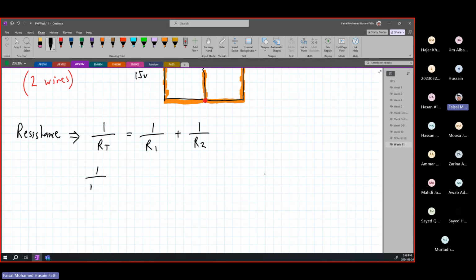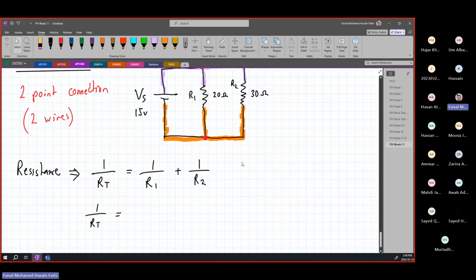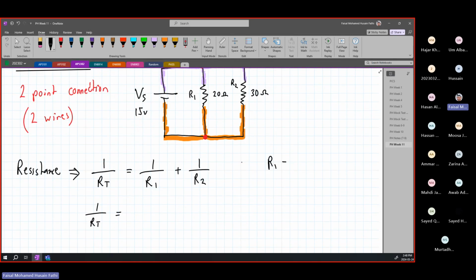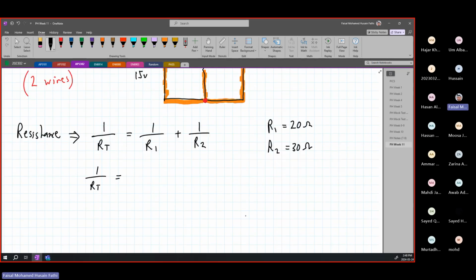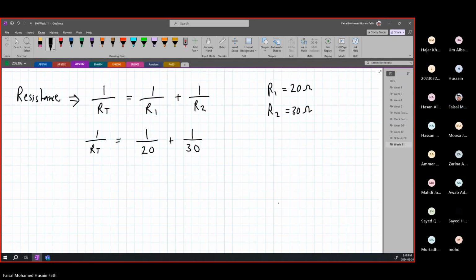So 1 over RT, R total, is equal to 1 over R1. R1 is 20, so R1 is equal to 20 ohms, and R2 is equal to 30 ohms. So 1 over RT is going to be equal to 1 over 20 plus 1 over 30. So 1 over RT is equal to, put that into the calculator, 1 over 20 plus 1 over 30.